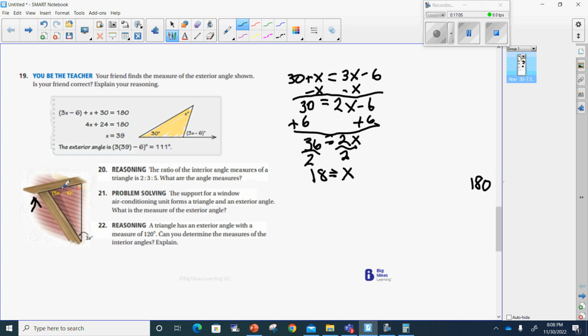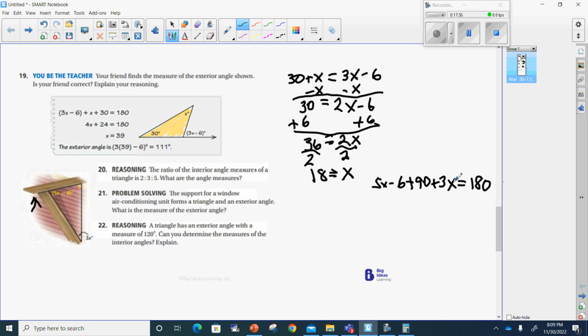And now we've got 5x minus 6, plus 90, and plus 3x. All that has to equal 180.